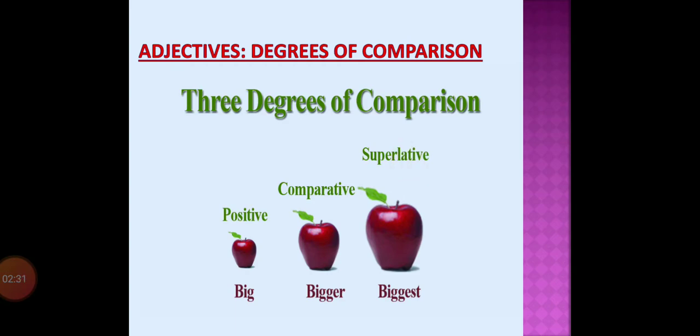Now we will see how these three degrees differ from each other, and how we modulate the adjective to show them. Before that, just have a look here.